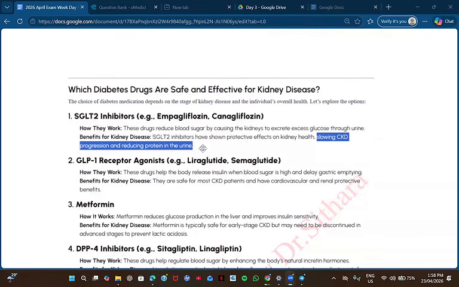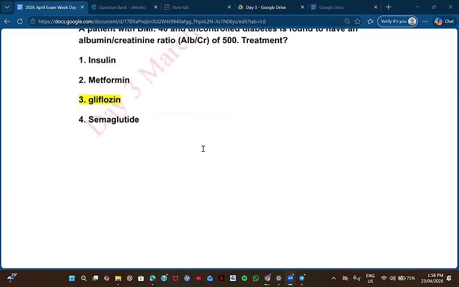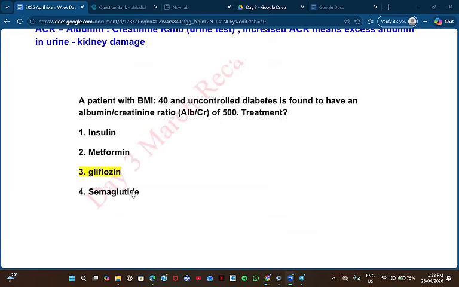In the March exam we got this question with gliflozin and semaglutide. In that case, we can use both in an obese patient with higher BMI and uncontrolled diabetes, because both drugs are indicated.